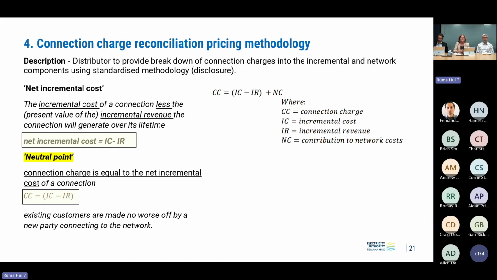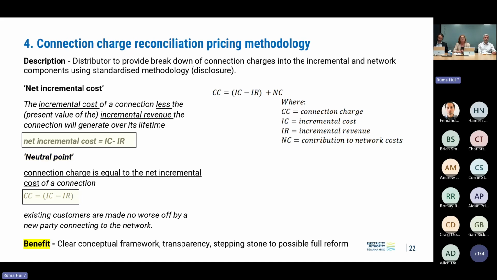We are not suggesting that the connection charges should be set at the neutral point. This proposal is for a reconciliation requirement. We discuss a potential balanced point in Chapter 7 in the consult paper. A balanced point is where a new connecting party makes a contribution to network costs similar to what existing customers are making.